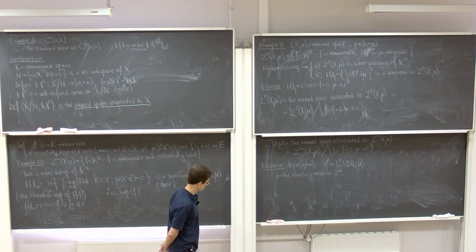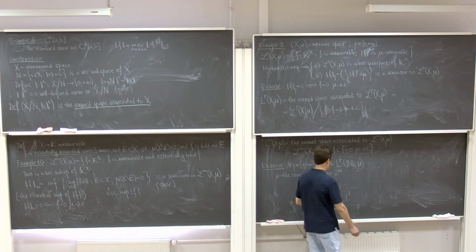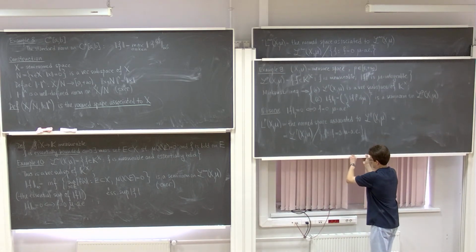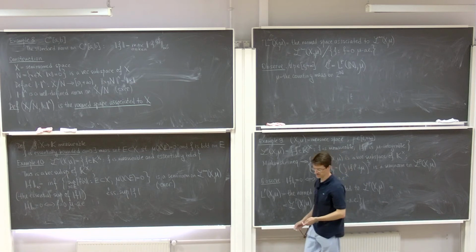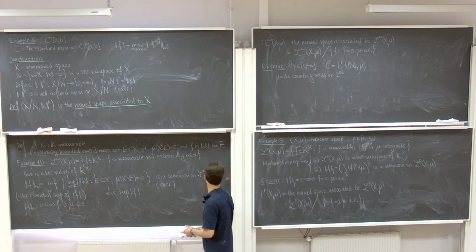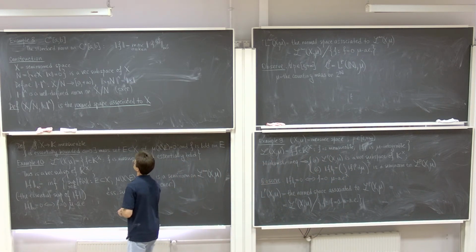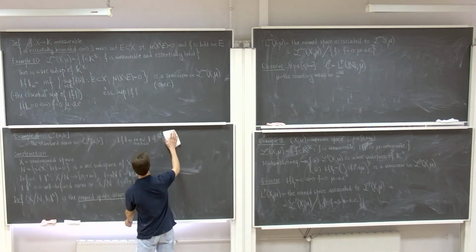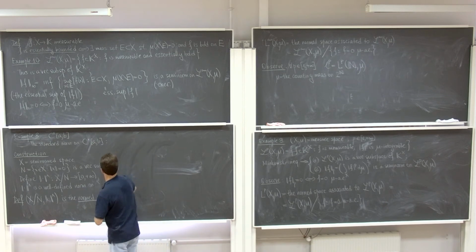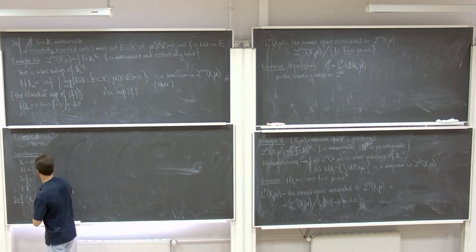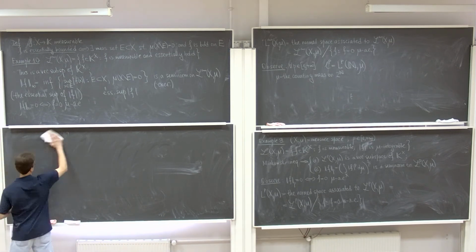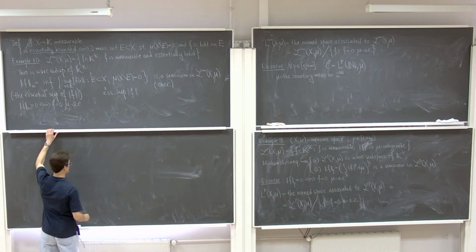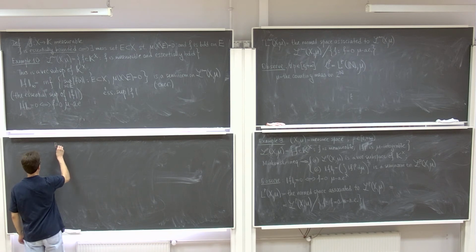Okay. So these are the basic examples of norm spaces. And let's now discuss operators between norm spaces. So we're going to discuss bounded linear operators.